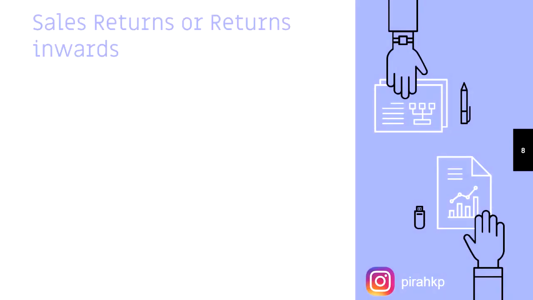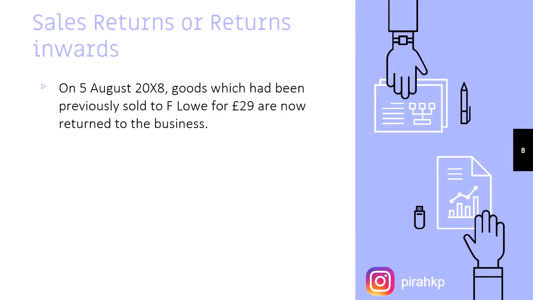Let's look at the next transaction. Sales returns or returns inward. FLO actually returned our sales. Over here, our destination, what is coming back to us? It's sales return. Alright, you will write a separate account for sales return. There are two things. It's very less likely that you will be reselling those goods. Right? That's not okay.